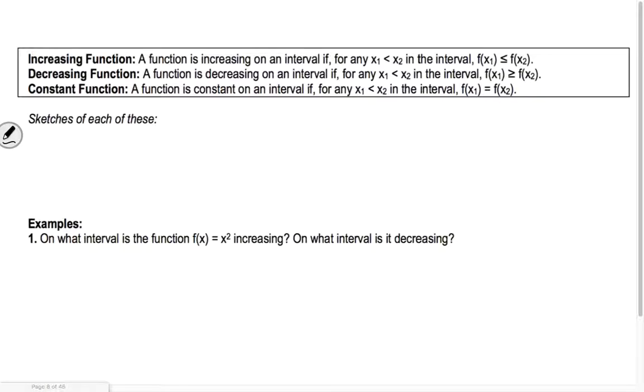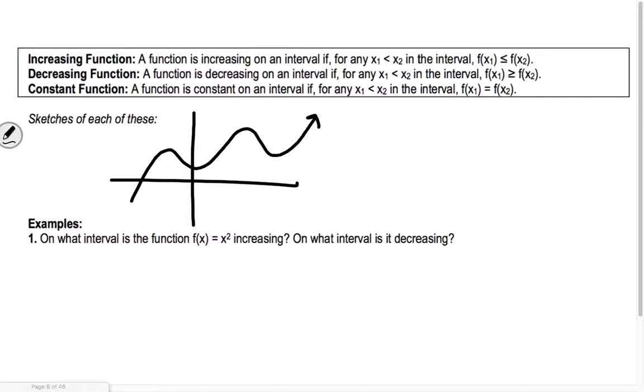All right, next little bit. So increasing and decreasing. So if you have a function, let me just do a little rough sketch. Do you think from here to here it is increasing or decreasing? Increasing. As you read it like a book, it goes up. Does that make sense? So it's increasing. Then from here to here, it's decreasing. It's going down.